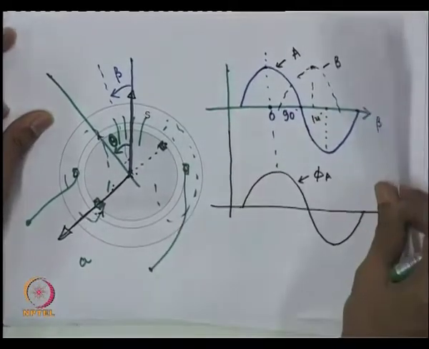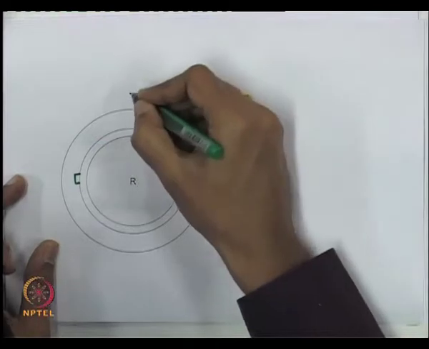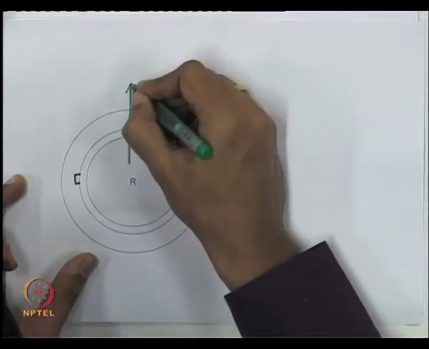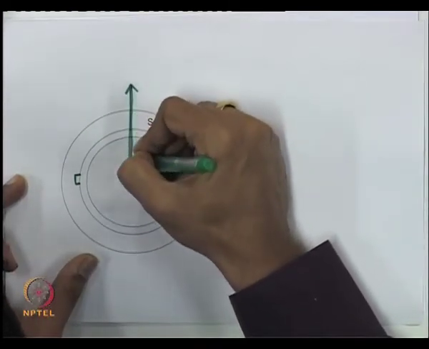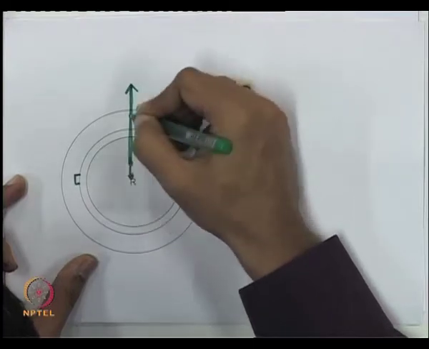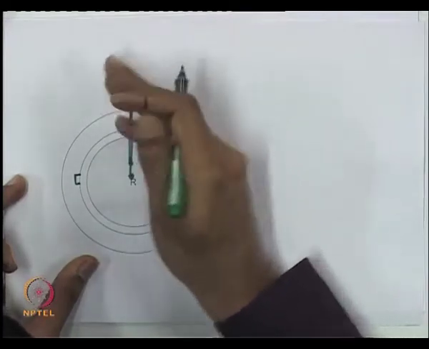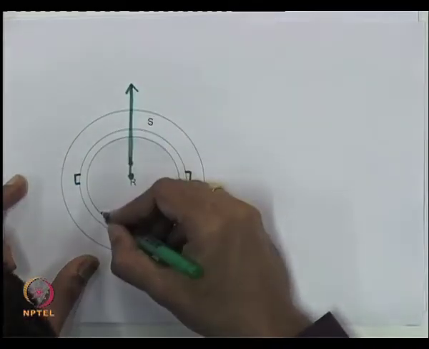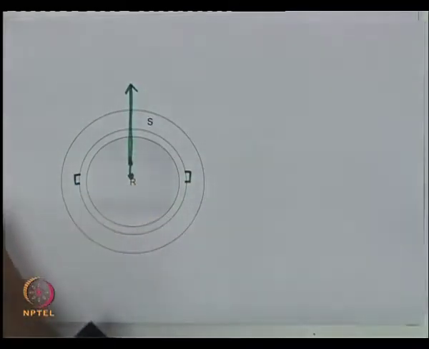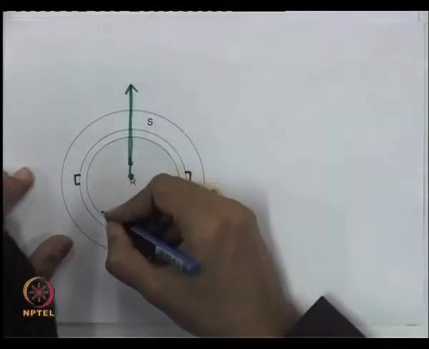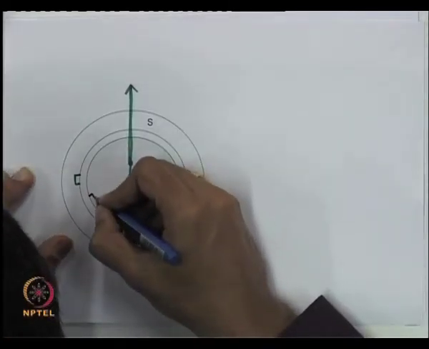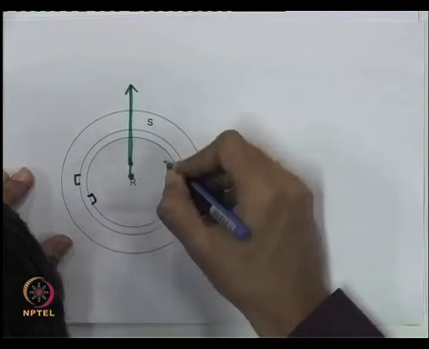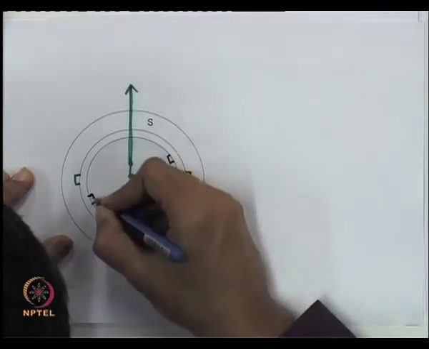So, I will just redraw this again. You have got the A winding, causing a flux which I am representing by an arrow like this. What it means, of course, is that the peak value is in this direction and drops off sinusoidally as beta increases. Suppose the field winding is wound here.